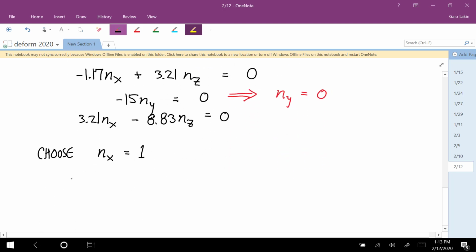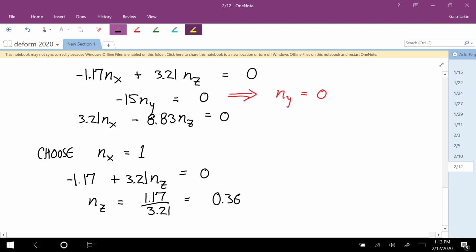And we get negative 1.17 times 1 plus 3.21 nz is equal to 0. And so nz is 1.17 divided by 3.21. And what do you get for that? 0.3644. Okay.